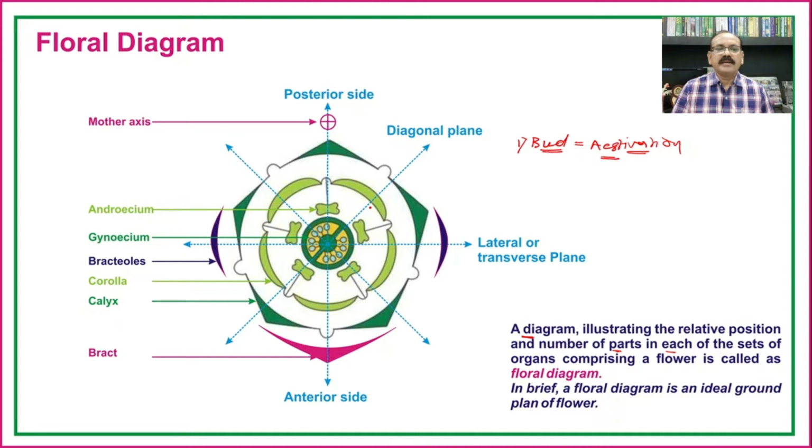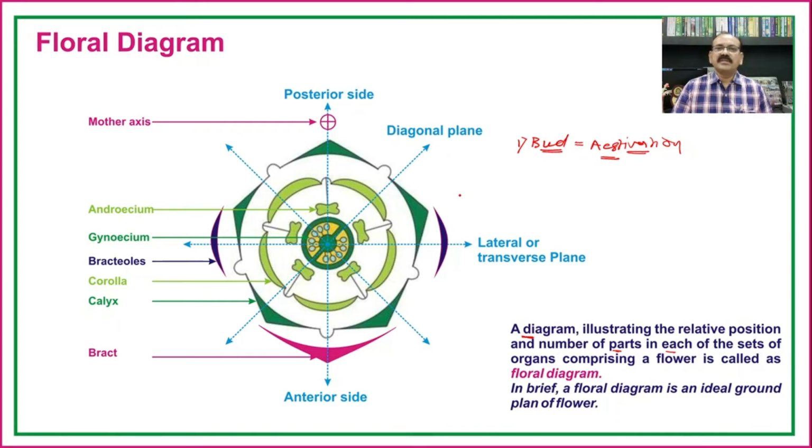The floral diagram is drawn in the form of a circle. So we have to make one circle first, and then from the outer to the inner side we have to draw the different floral parts or floral whorls that we have already studied: calyx, corolla, androecium and gynoecium.